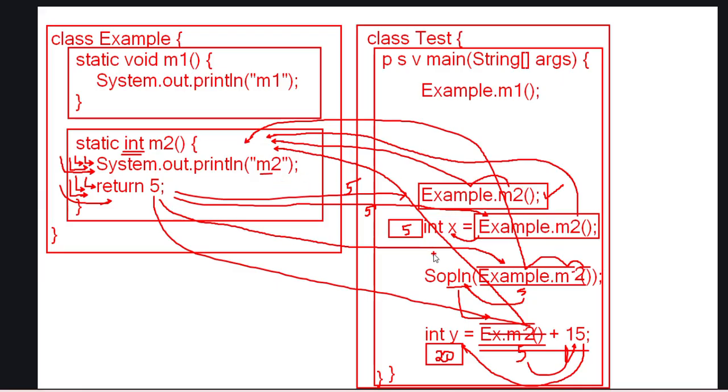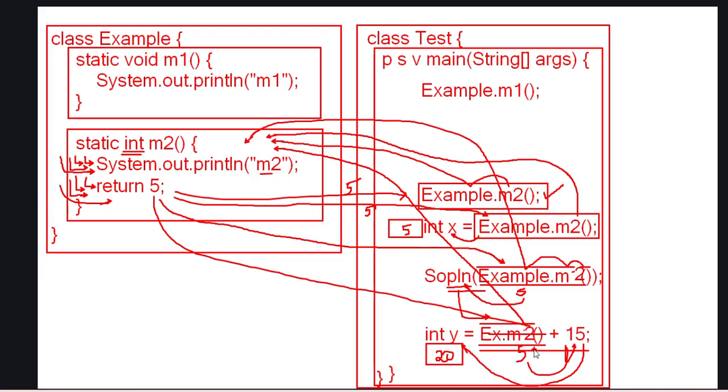If you call as a variable assignment statement, again method logic executed, output printed, return value is stored in the variable. Next, if we call as a method argument or SOPLN argument, then again method logic is executed, the method generates the value, the return value is returned to the calling method, which gives it to the println method to print that value on the console.